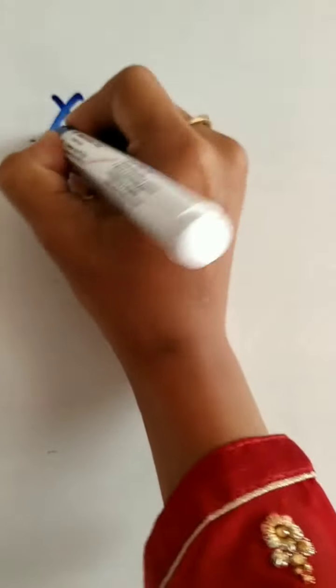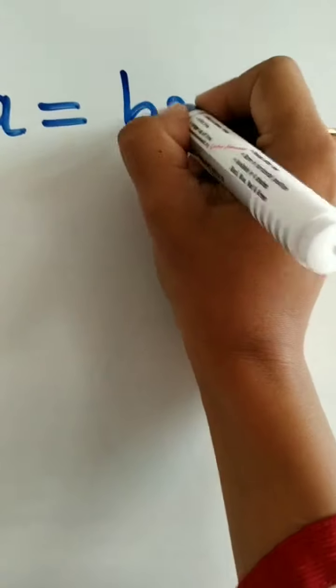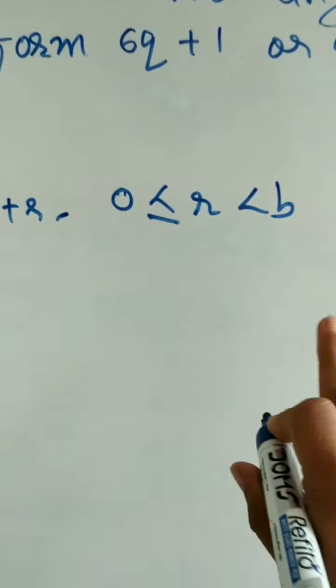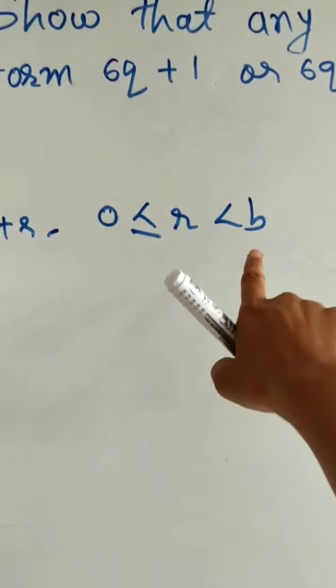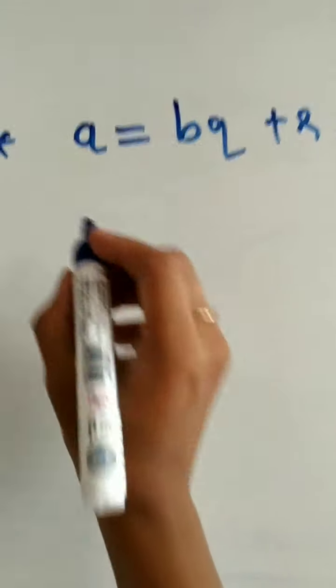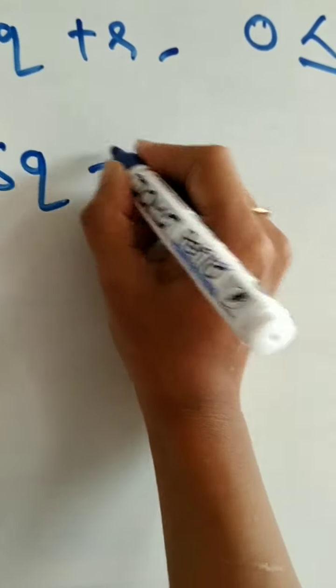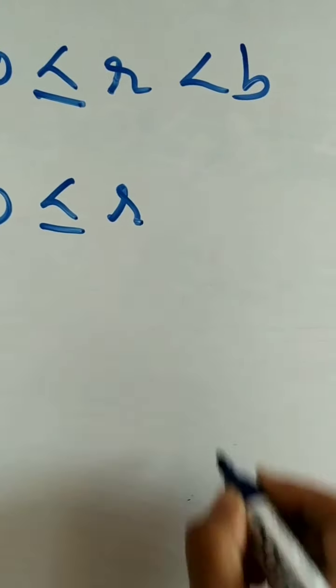As I told you, first we will write our Euclid division lemma, which is a equals bq plus r, and the condition is 0 is less than or equal to r is less than b. As I told you, we will check the question that is given as 6, so our value of b is 6. So we will substitute: a equals 6q plus r, and 0 is less than or equal to r is less than 6.